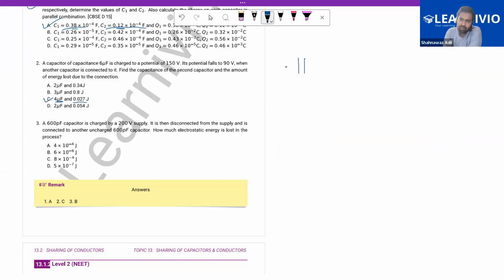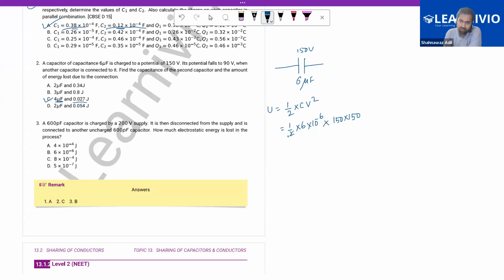So the initial case is that you have this 150 volt supply, and then you have 6 microfarad. What is the energy of this? Half C V square, so half into 6 microfarad, and then V square, that is 150 into 150.